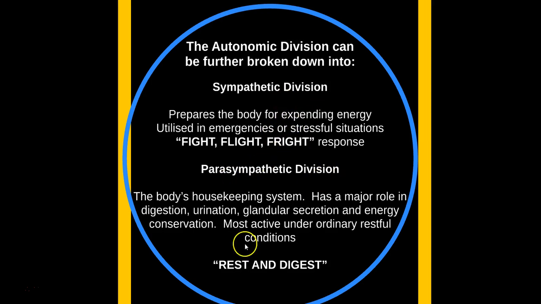Whereas the parasympathetic division is your housekeeping system, known as rest and digest. So make sure you know rest and digest is parasympathetic, sympathetic is fight, fright, or flight. One non-PC way of remembering parasympathetic division is paralyzed. If you're paralyzed, you can basically rest and digest. There's nothing else you can really do.